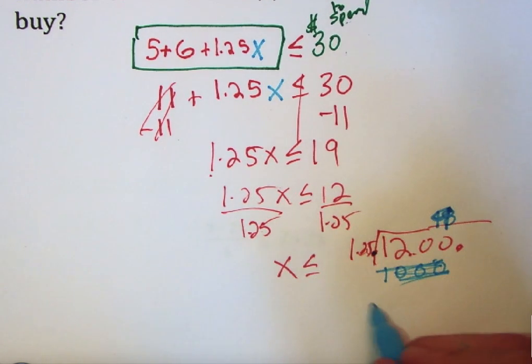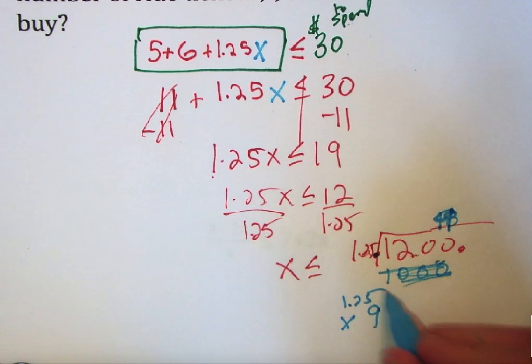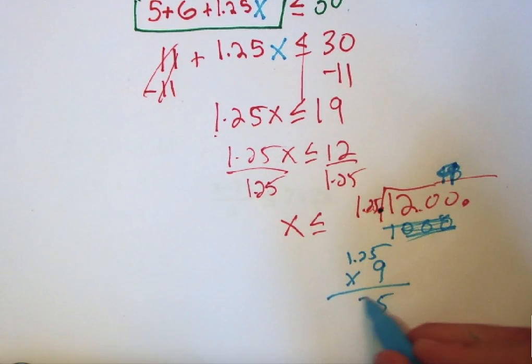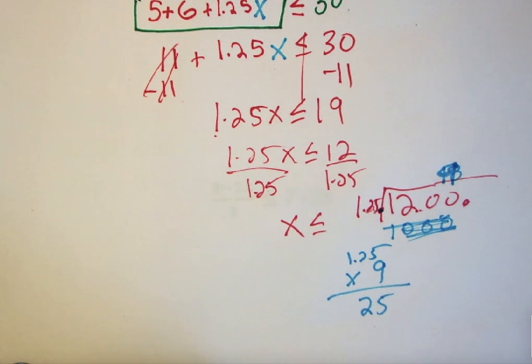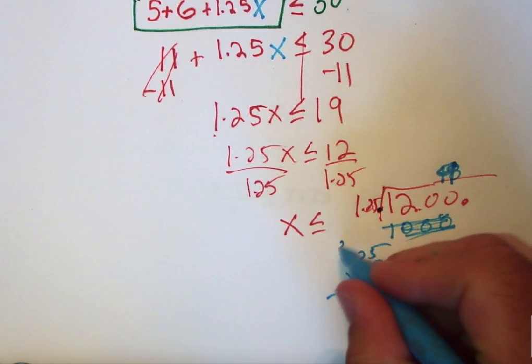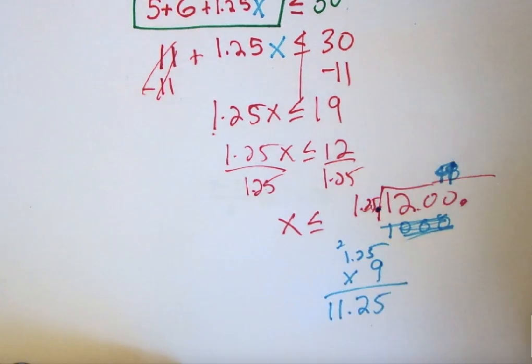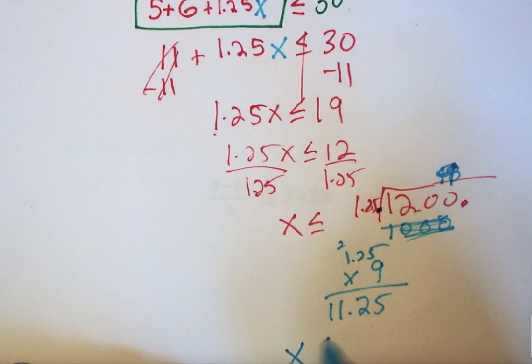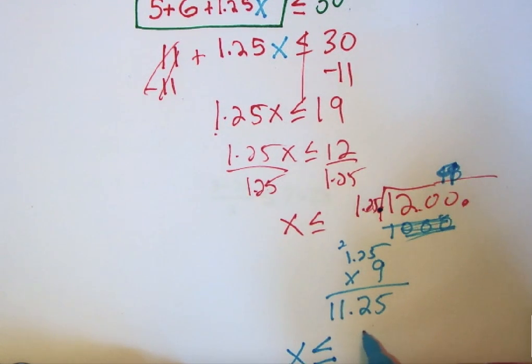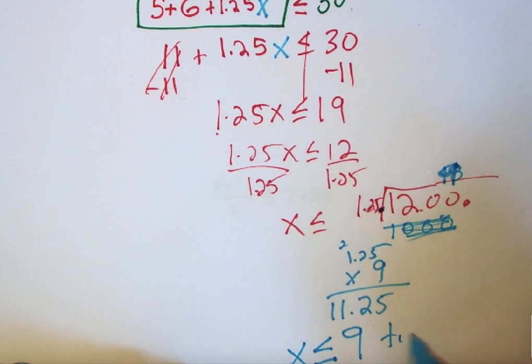So what is 9 times 1.25? Let's see, 5, 2, 11.25. So you can buy less than or equal to 9 tickets.